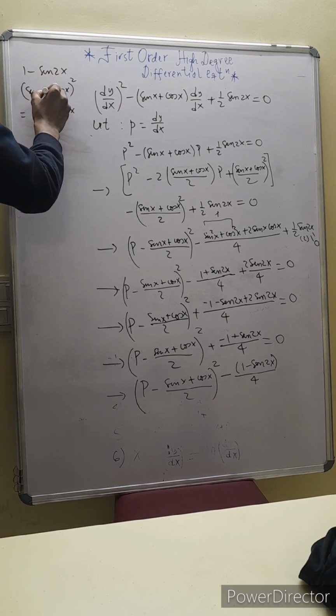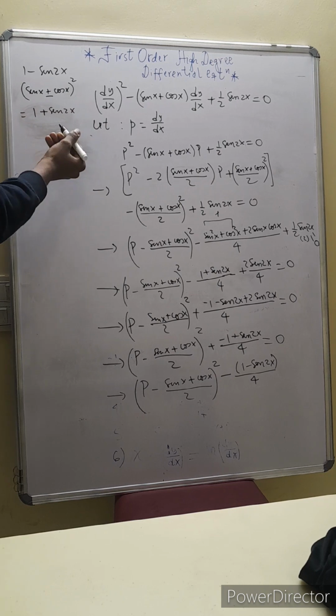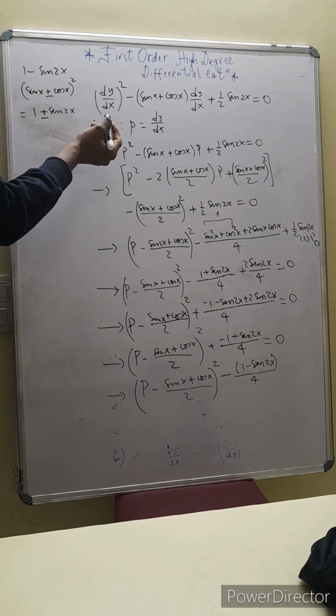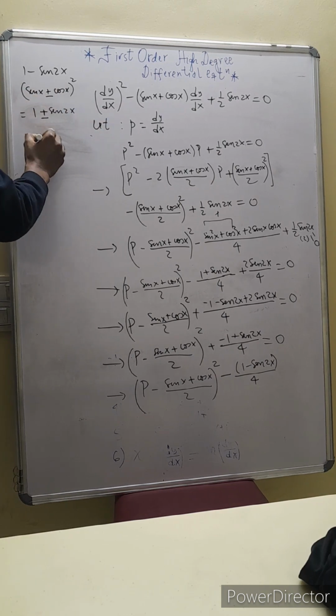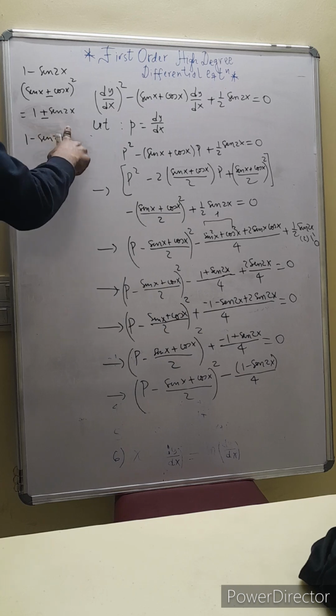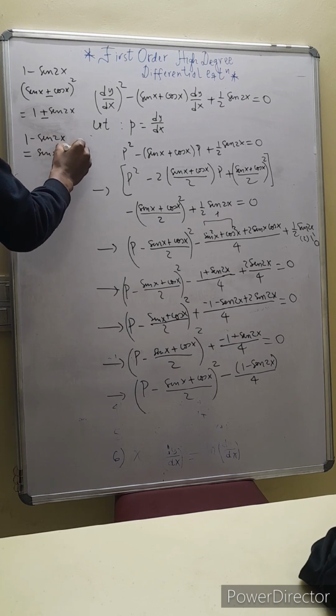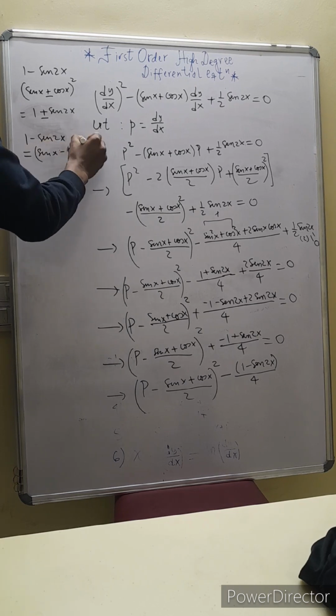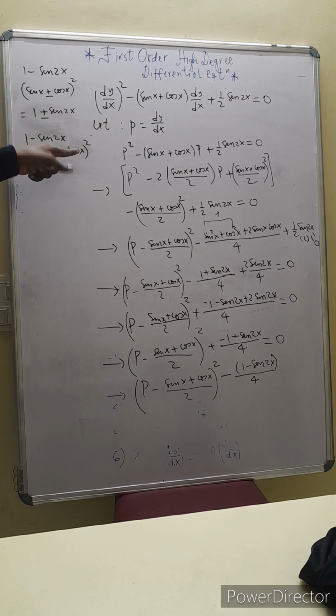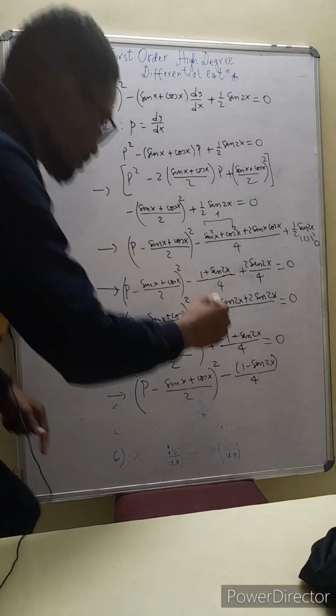If I take this one minus, the only change I will have is here. It means that 1 minus sin of 2x is equal to what? (sin x minus cos x) squared. If you want, you can try to prove this one.